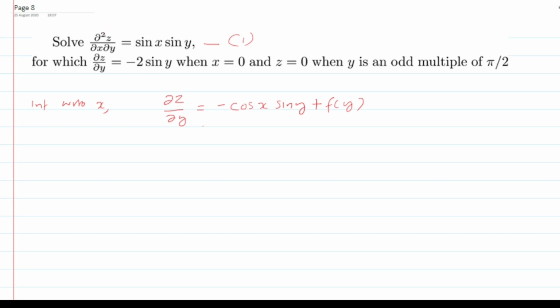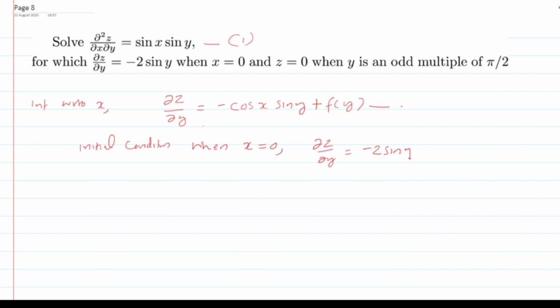The condition was, when x = 0, ∂z/∂y = -2 sin y. So we can use this in this equation.